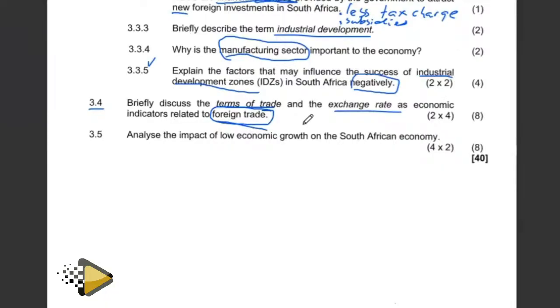Okay, right. When we talk of the exchange rate, in order for foreign trade to be likely a success, it means that one of the currencies compared to the other should be powerful currencies.